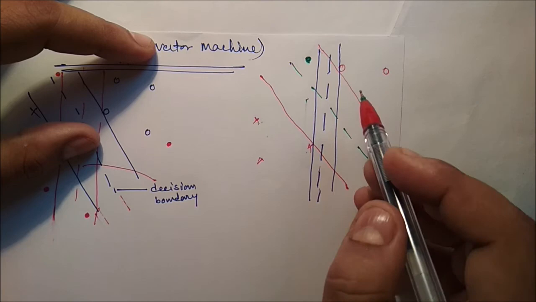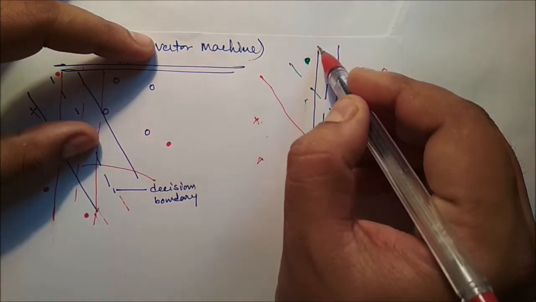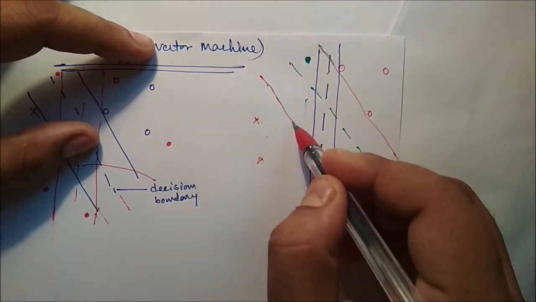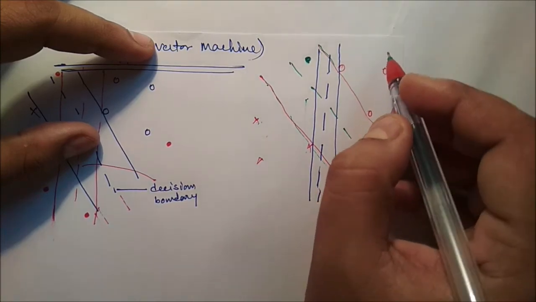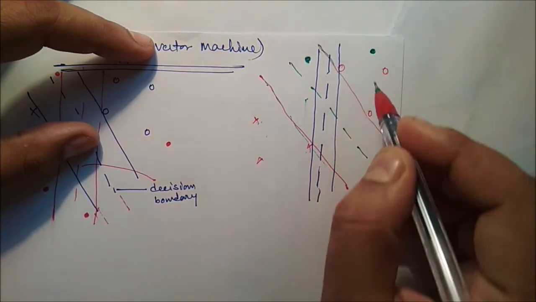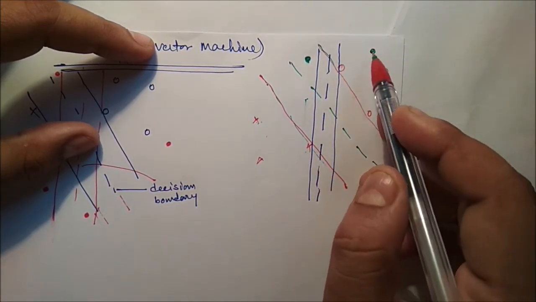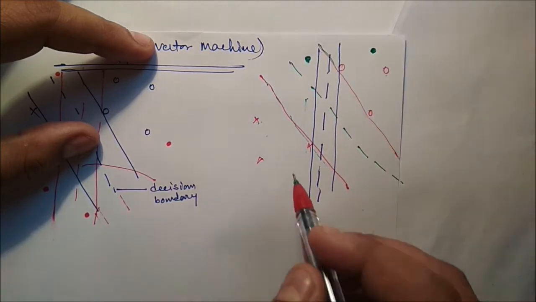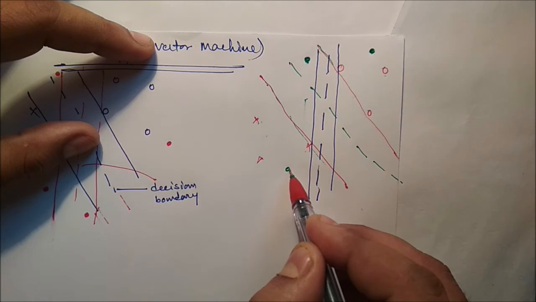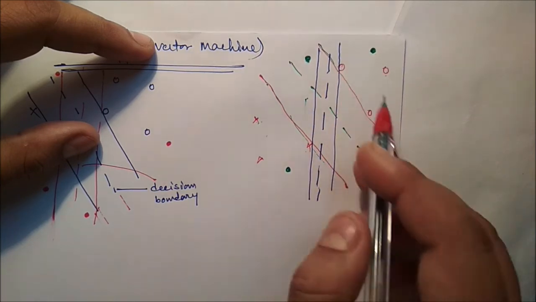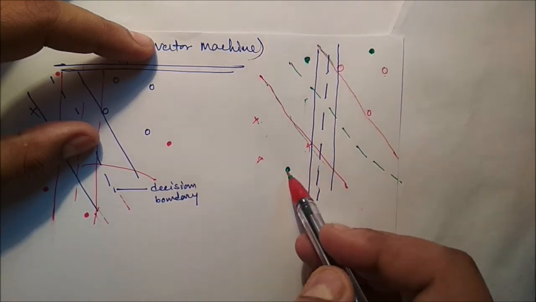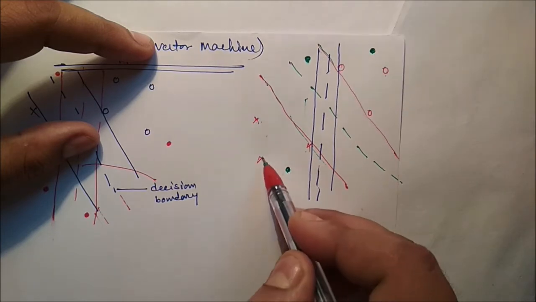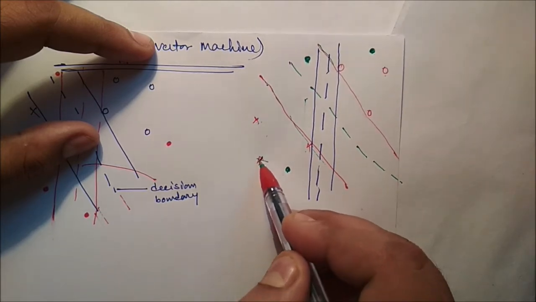Now if this is the hyperplane and our data point is somewhere here on the right side of the plane, we can say its class label should be circle. If a data point is somewhere here, on the left side of the hyperplane, its class label should be cross.